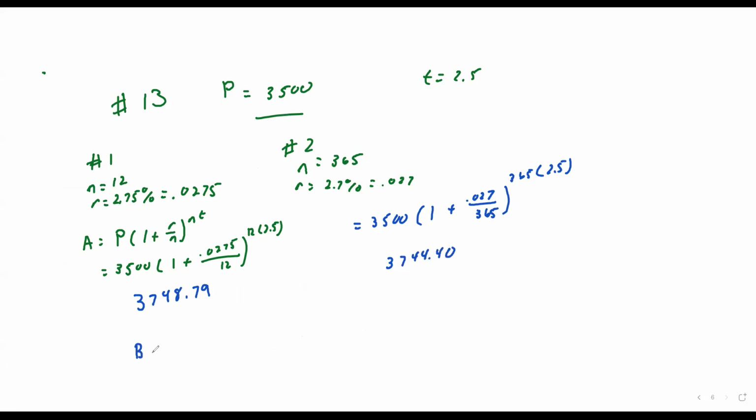So bank one is the better deal. Now it's only like a $4.39 difference, but more money still means more money. All right, so there you go. So that's that type of problem. So let's look at a different one.